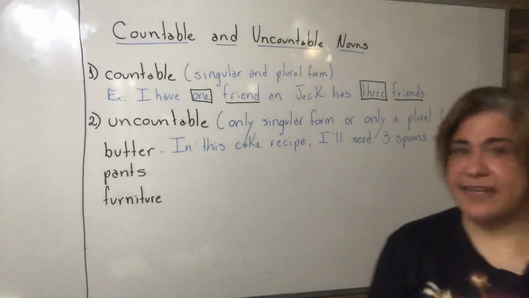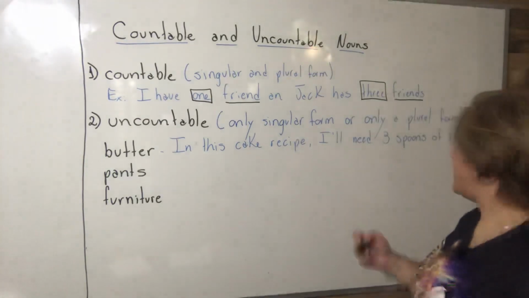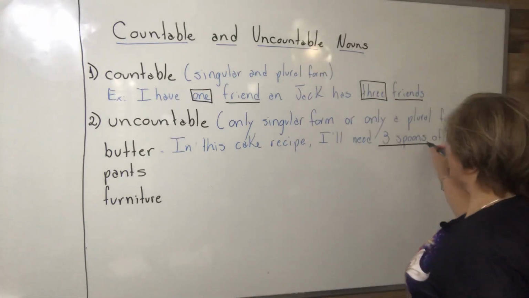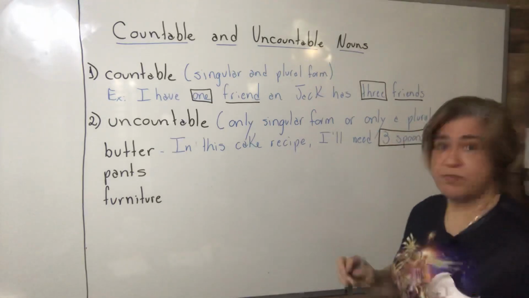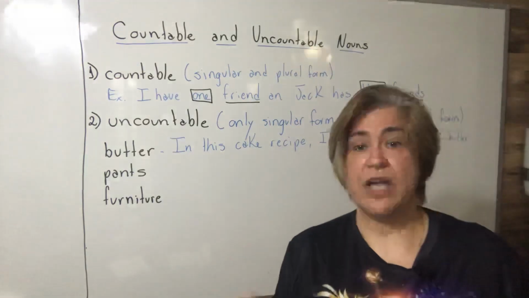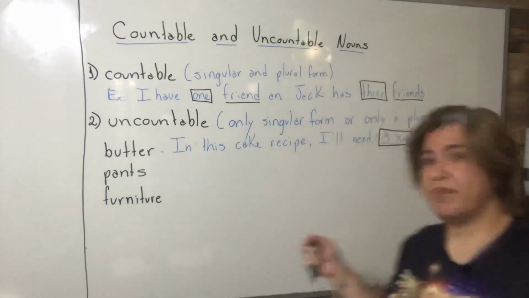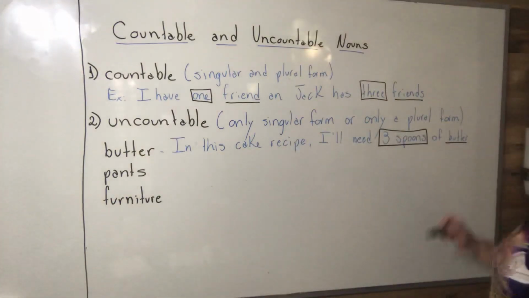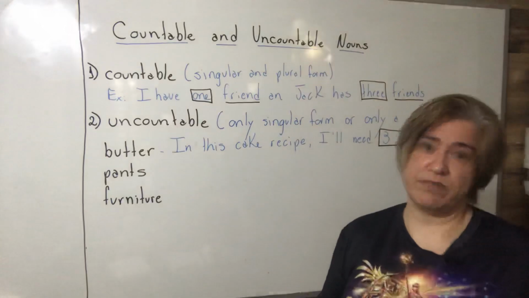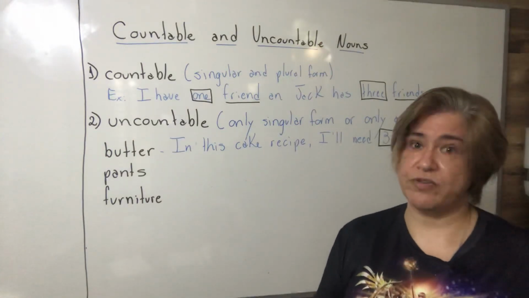So in this case, I'm saying 3 spoons. 3 spoons, 1 spoon, 2 spoons. So spoon is countable. But look, butter, butter is never in plural because butter doesn't have plural form, students.